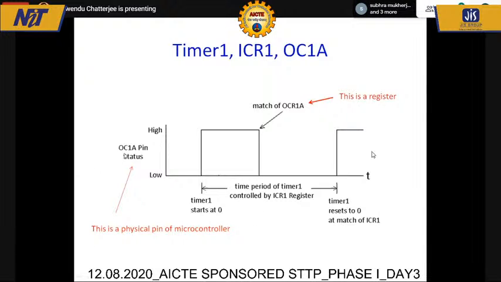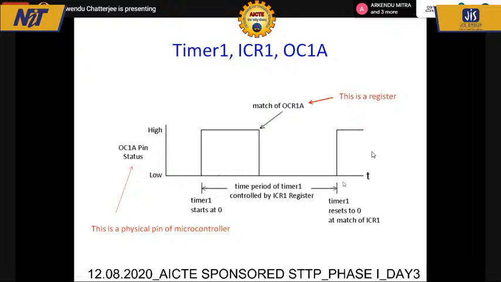A pin called OC1A pin, which is a physical pin of the microcontroller, we will see which pin that is, can control the PWM status. And what happens? Timer starts at 0, that we have already known from yesterday's lab.